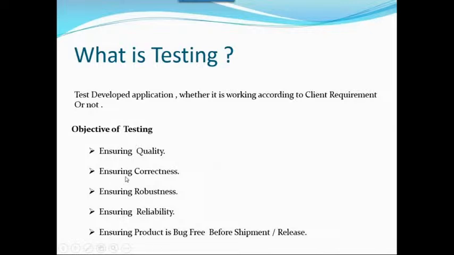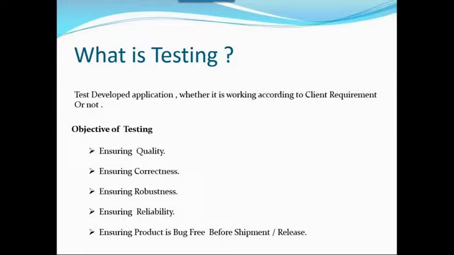For what reason are we doing the testing? To ensure means to make sure the quality is achieved, make sure of correctness and robustness, critical functionality also we need to test, and ensure reliability. Reliability is nothing but making sure this application is user friendly. What is user friendly?